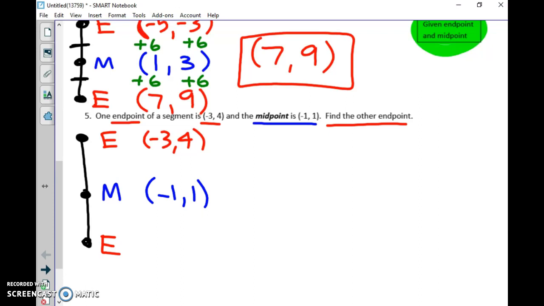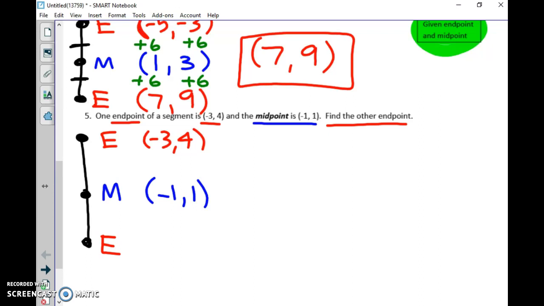I'm going to do it just the same exact way I did on the last problem, right? I'm going to find the differences. So to get from negative 3 to negative 1, what is that difference? Okay, so I hear plus 2. That's great.